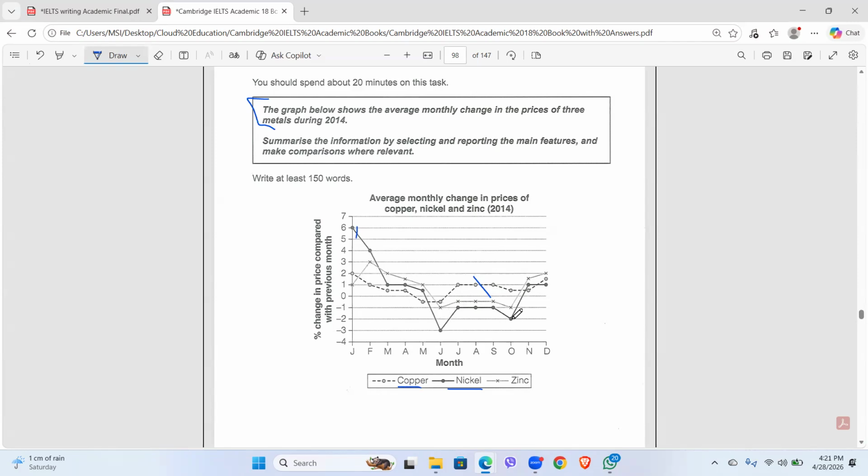And फेरि rise भयो यहाँ. But then also trend is down. Copper को fluctuates. Nickel को it's down. What about zinc? Starting from तल, माथि गएको छ. Again down, goes up. यस्तो छ.